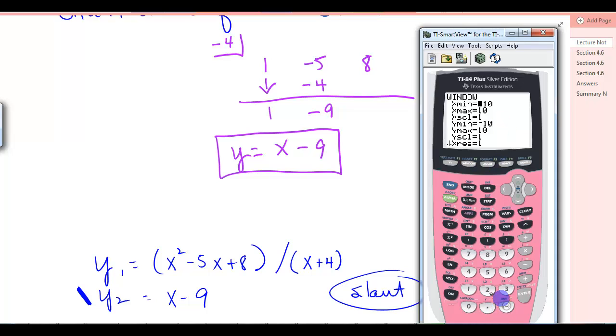Let's make that -20, and let's go down on the y-min as well. We're still not seeing it. Let's see, I'm pretty sure we should see something. Let's try this.